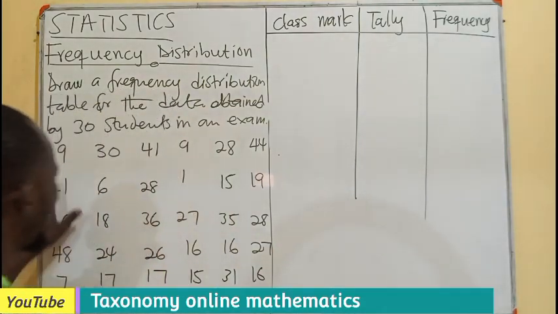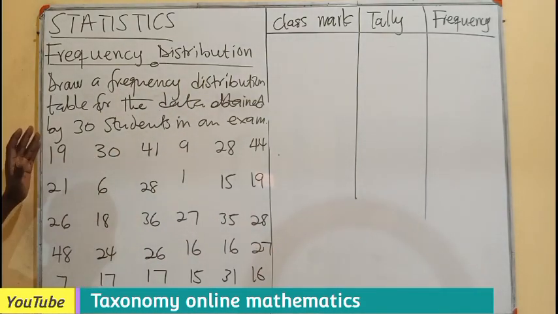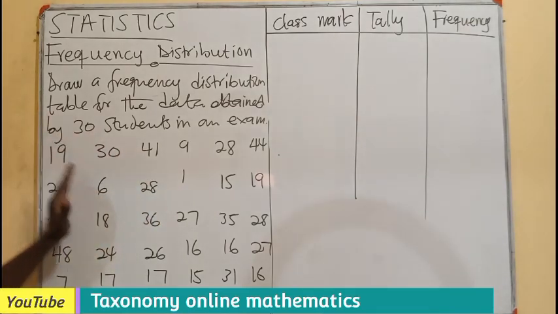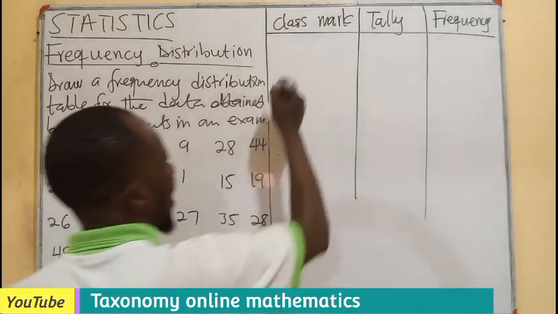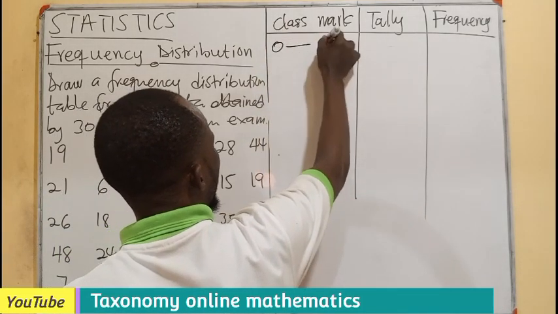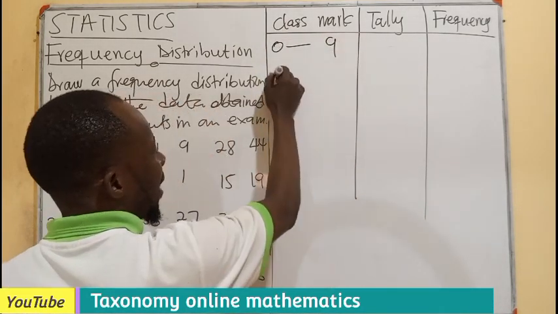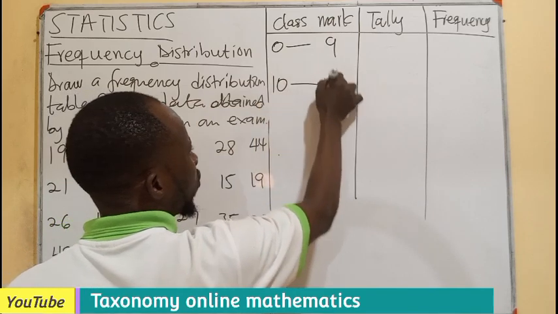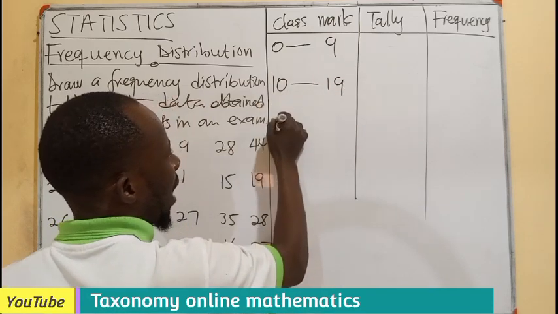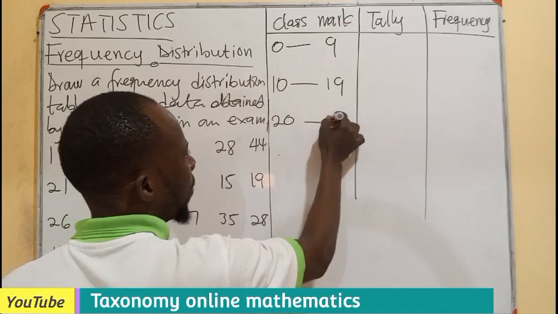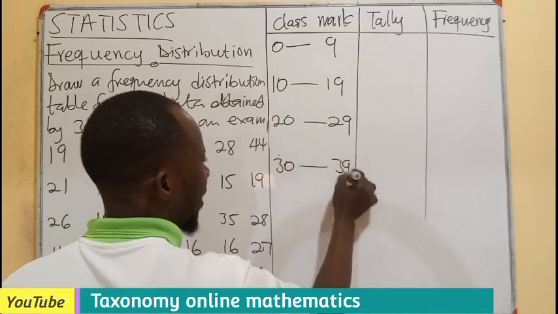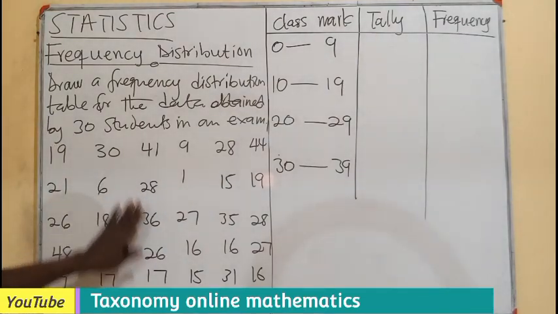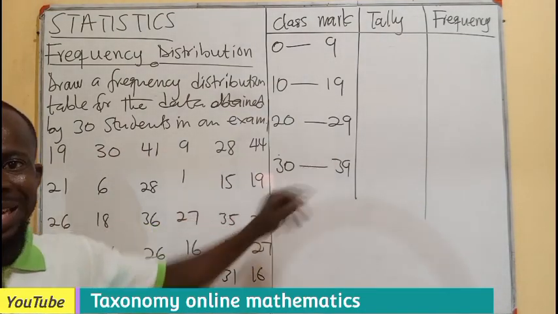I'll be looking into the data and see that I have it from 1 up to, I think, 36. So I'll be taking an interval from 0 up to 9. Then the next will be 10 up to 19, 20 up to 29, 30 up to 39. I think I can accommodate all this data in this place.